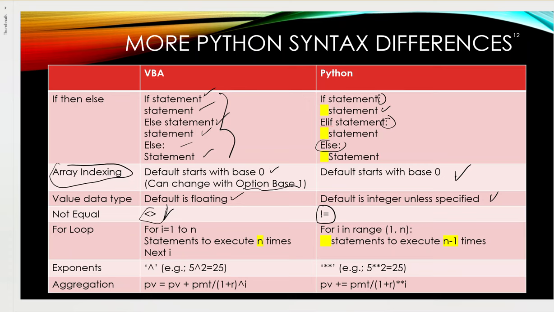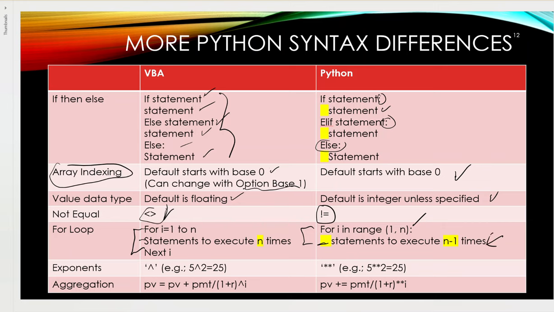The for loops in VBA: for I equals 1 to n, next I, with the statements in the middle. The for loop for Python is for I in range 1 comma n colon, indent, statements to be executed n minus 1 times. There is no final next I. It just knows with the indenting what to replicate.